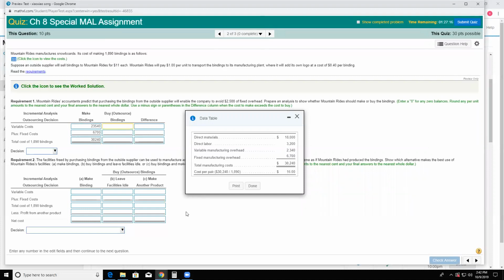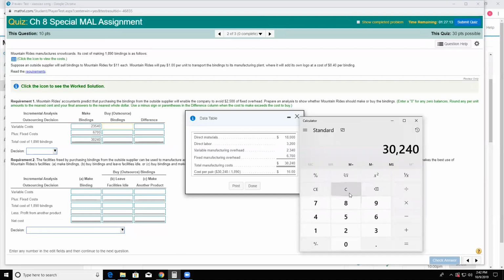And then if I buy, the cost is the purchase price of 11 plus the shipping of $1 plus your extra logo 0.4, so that will be 12.4 for each one, but you make 1,890 in total, so you times 1,890, and that gives you 23,436.